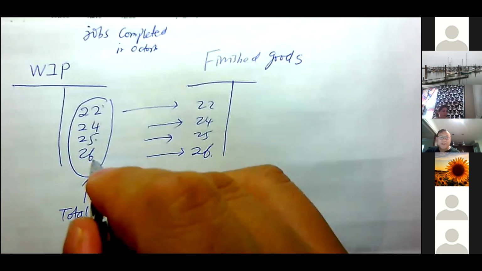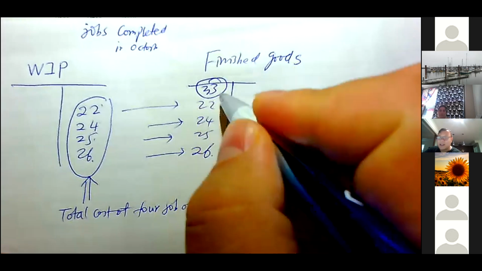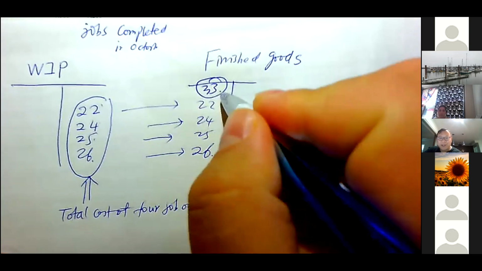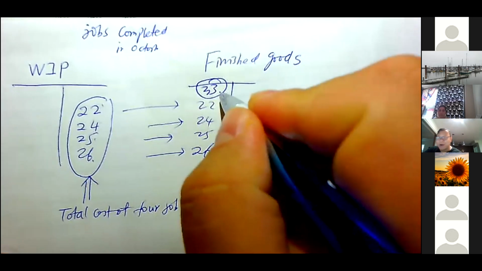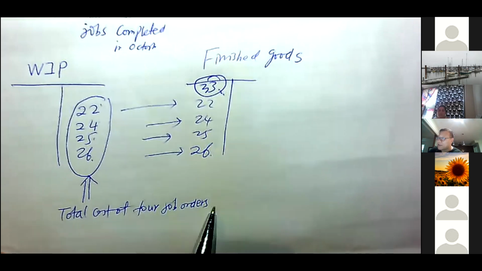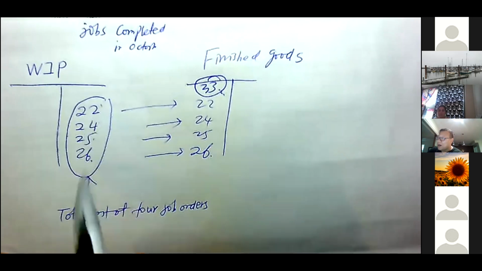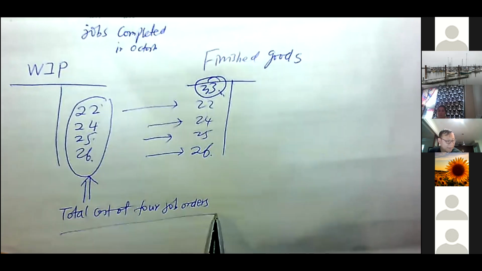What about job 23? Job 23 was already in the finished goods at the beginning of October. So we are asking for the total cost of manufacture for the month of October. We just need the cost of these four jobs.